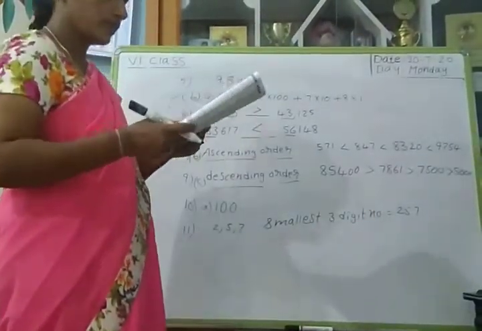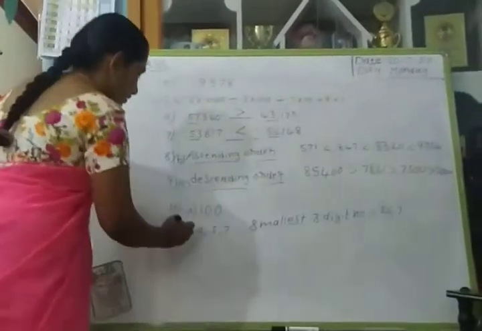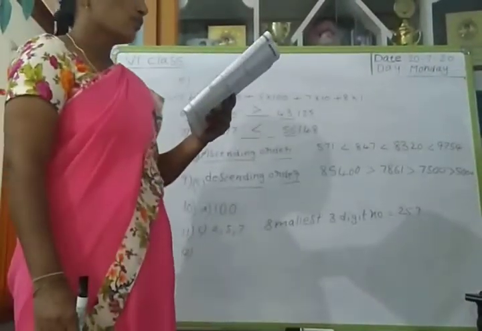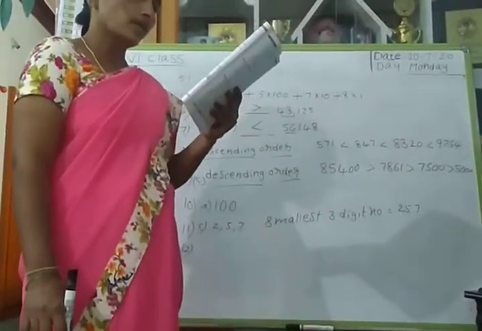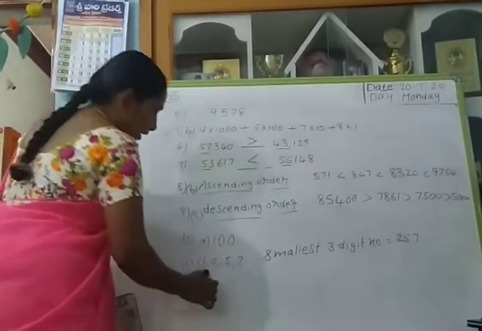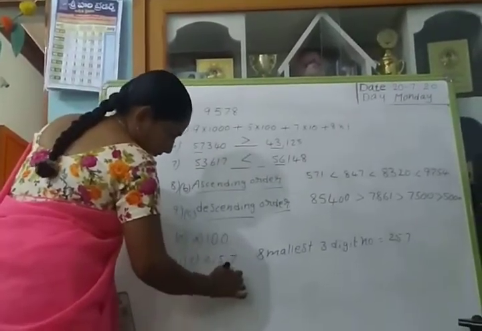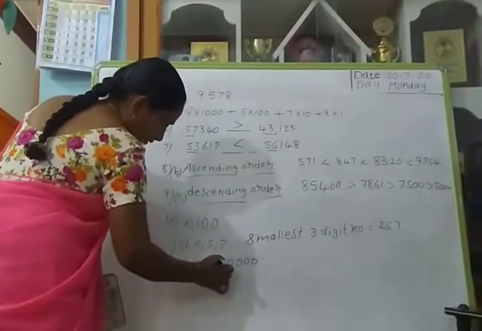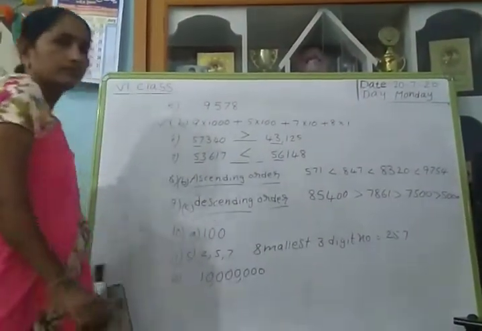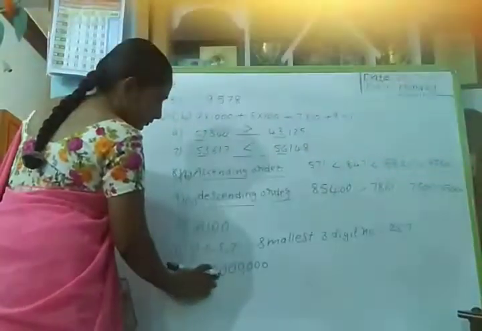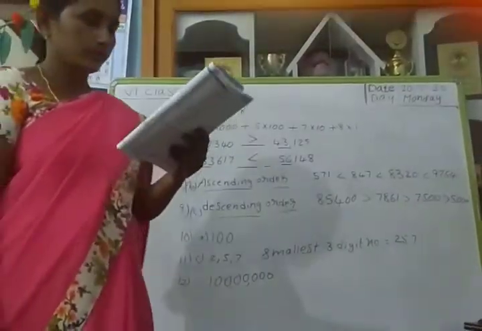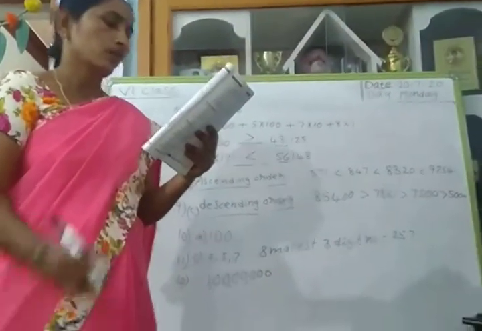So 257. Option C is correct. 11th one, option C. 12th one, the smallest 8-digit number. What will you get? 1 crore. Option B.